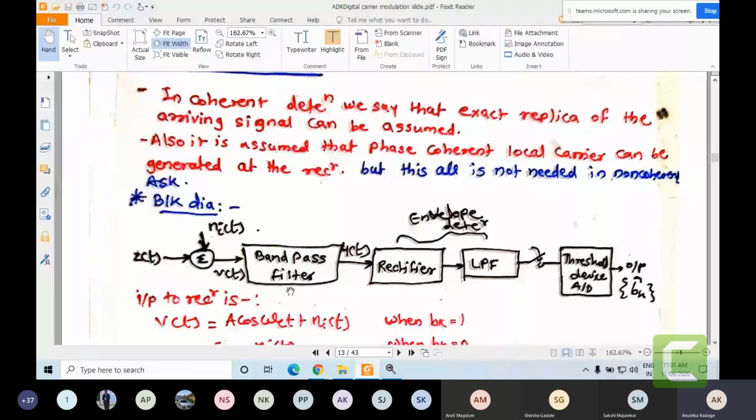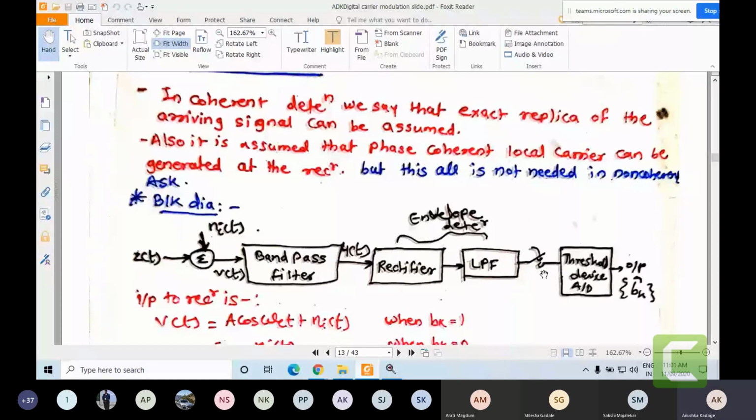After the band pass filter, a combination of rectifier circuit and low pass filter will form the block of envelope detector. After this envelope detector, the sampling is carried out after every Tb duration, and then the sampled output will be provided to the thresholding device.